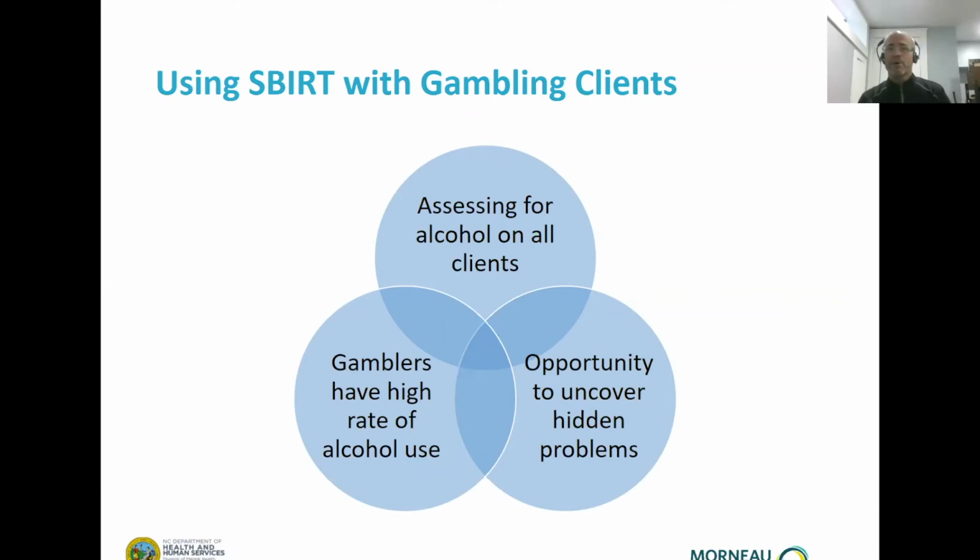We need to keep our eye out because of those numbers and what studies still show with alcohol. Gamblers have a high rate of alcohol use. I just talked about the peas and carrots thing, right? The connection. The NESARC study, that huge study, showed that the most common disorder with problem gamblers is alcohol use disorder.